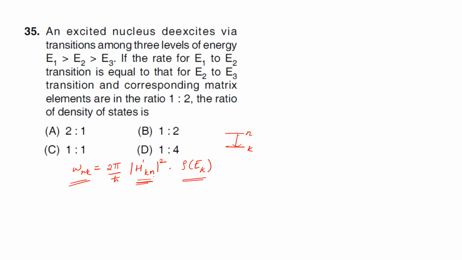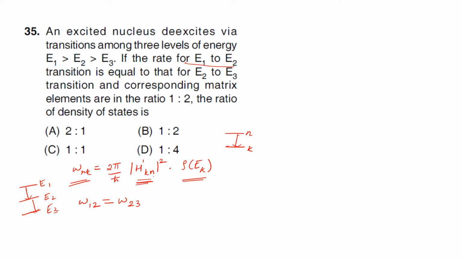Here it is given that there are 3 states with energy E1 greater than E2 greater than E3, and the rate for the E1 to E2 transition, omega 1 2, is equal to the E2 to E3 transition, omega 2 3.